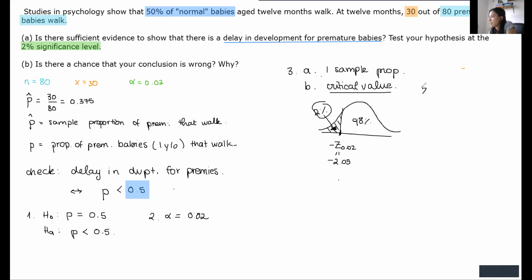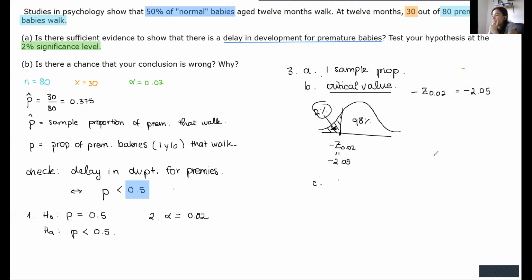Okay, so Z 0.02 is equal to 2.05, which means that minus Z 0.02 is minus 2.05.